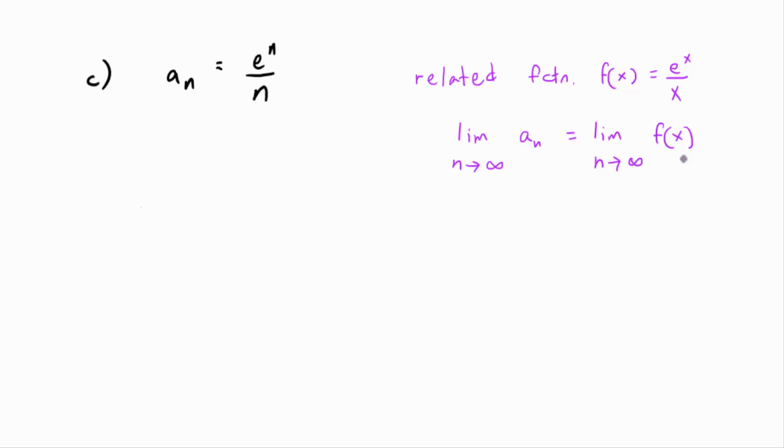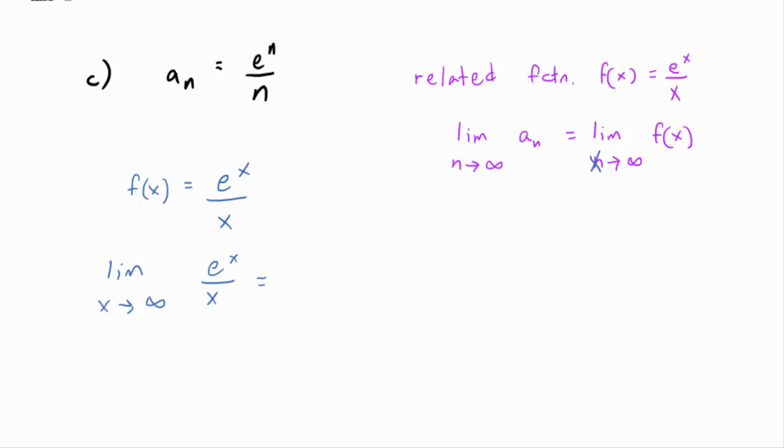And so we're going to use that fact to help us use L'Hopital's rule. So we'll consider the related function f(x) equals e to the x over x, and look at the limit as x goes to infinity of e to the x over x.